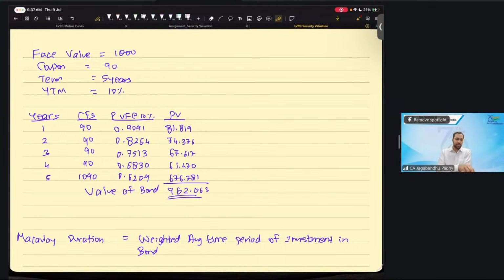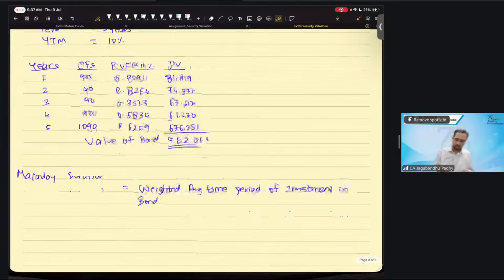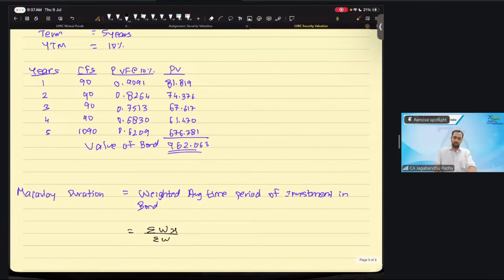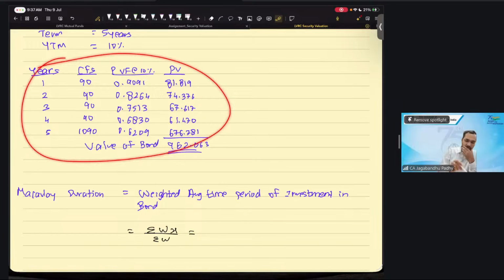So to get the weighted average time period, you know the formula. The weighted average formula is summation of weights into x upon summation of weights. Now, what is x and what are the weights? In this table, which column is representing x and which column is representing weights?